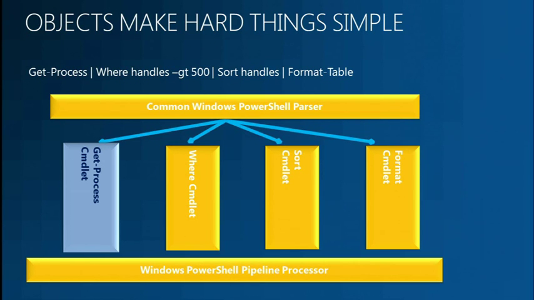What that means is, instead of these things like in Unix, where these would be all different processes, these all run in a single process. And what happens is we pass control to the first cmdlet. It runs until it emits output, objects. Those objects are then passed to the PowerShell pipeline processor. What it does is it sees the data, and it looks at the required data contract of the next guy in the pipeline.